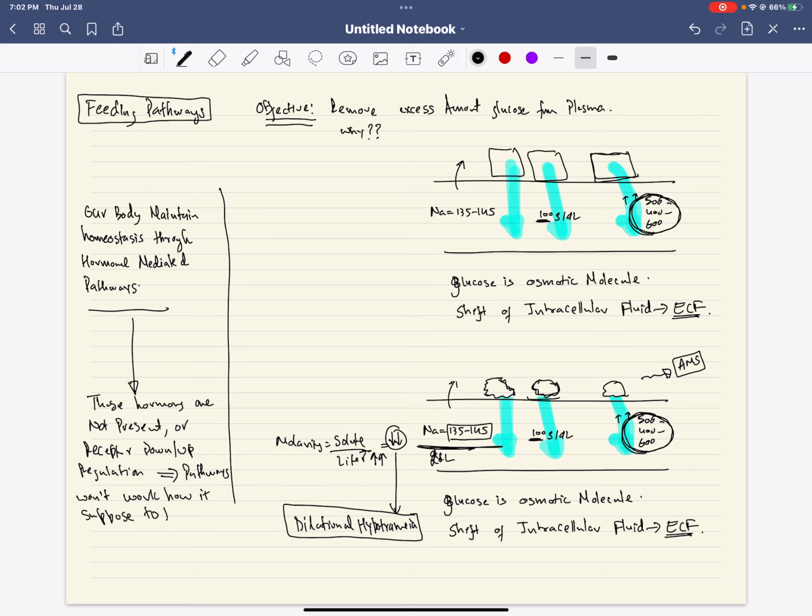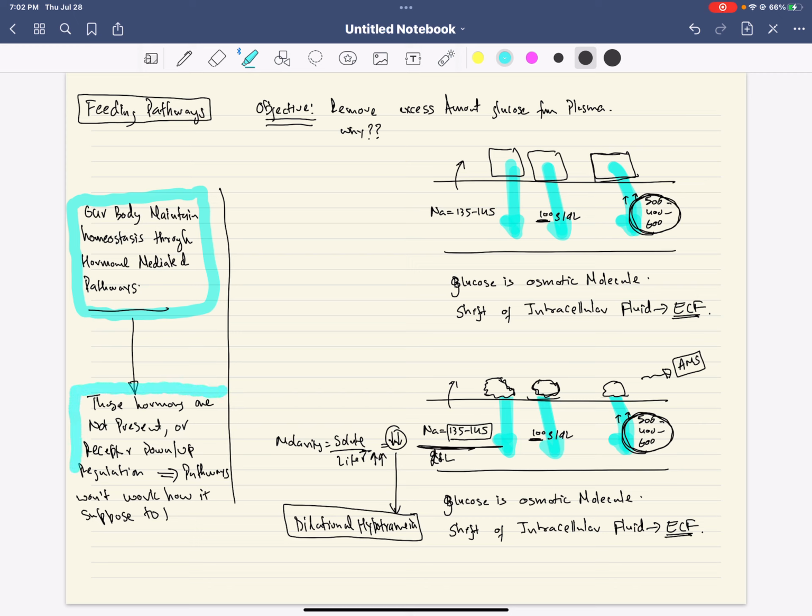right? So today, what we'll focus on is how our body maintains this homeostasis through the normal pathways, and then we'll talk about what happens when these pathways are not working. So first, we're going to talk about how a normal human being functions on a daily basis, and the problems that could arise from it.